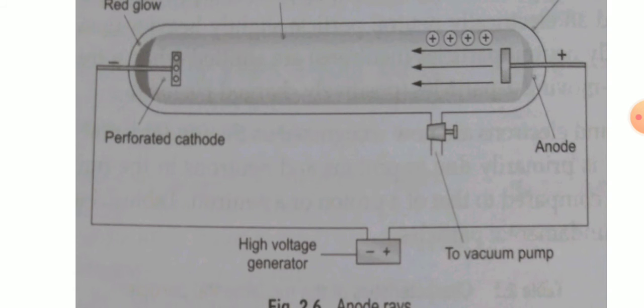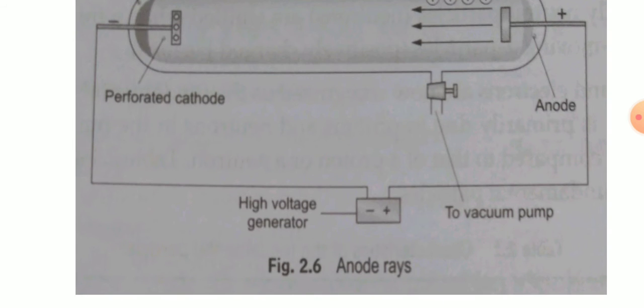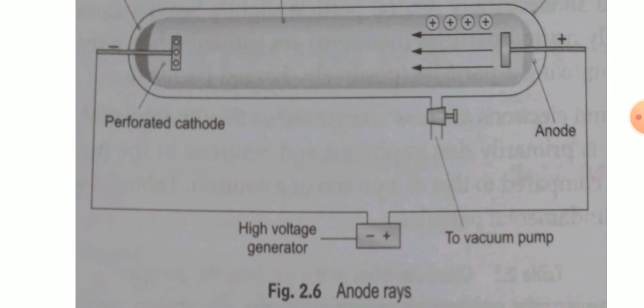The experiment is similar in the discovery of the proton. Anode rays contain positively charged protons, and they move from anode towards cathode, but cathode rays start moving from cathode towards anode. Just the directions are different.